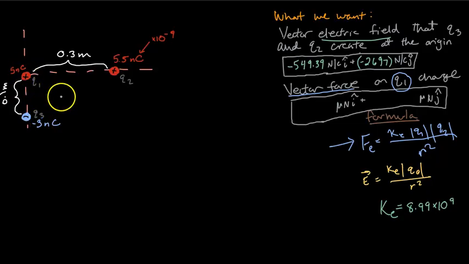And our Q1 is 5 nanocoulombs. And just to do this again, we do know that we will have an x and y component of this. So now we can start with a little free body diagram of our Q1 particle, and we know that Q2 is also positive, so that means the force will be going this way, pushing it away, because they are like charges.